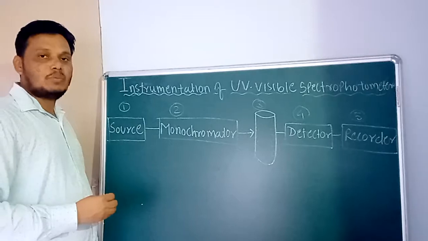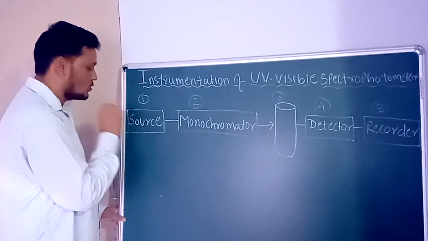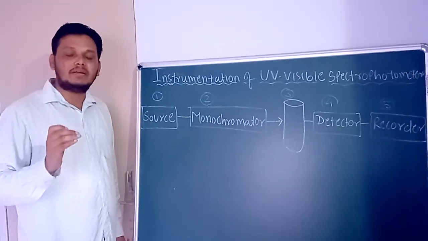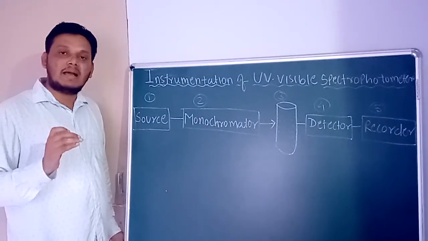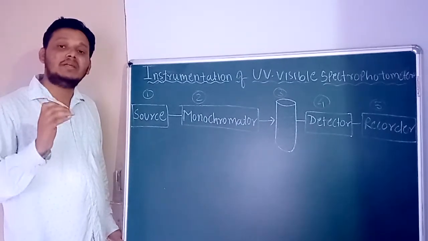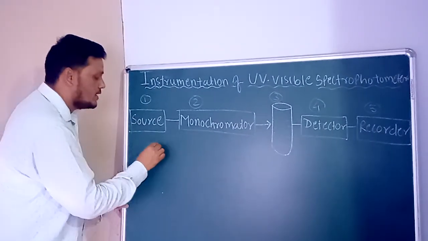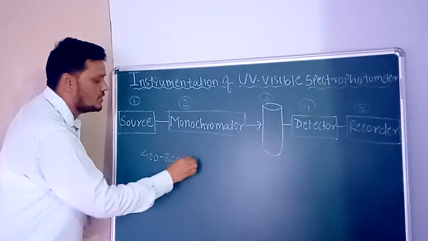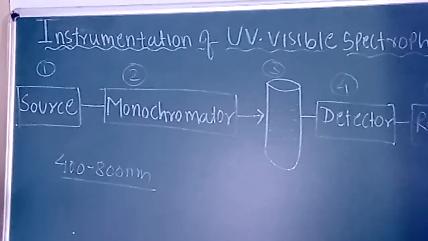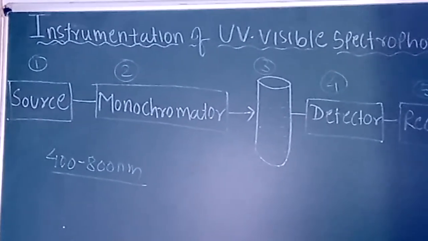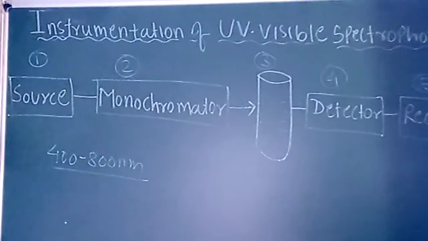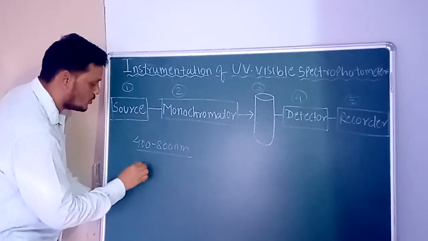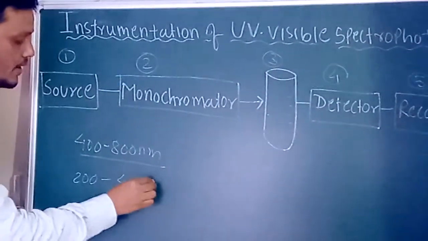Now we will see the instrumentation part. Number 1 is source. In UV visible spectroscopy, a tungsten filament lamp is used as the source of light in the visible region, that is 400 to 800 nanometer. A hydrogen lamp as well as a deuterium lamp is used in the ultraviolet region, that is from 200 to 400 nanometer.